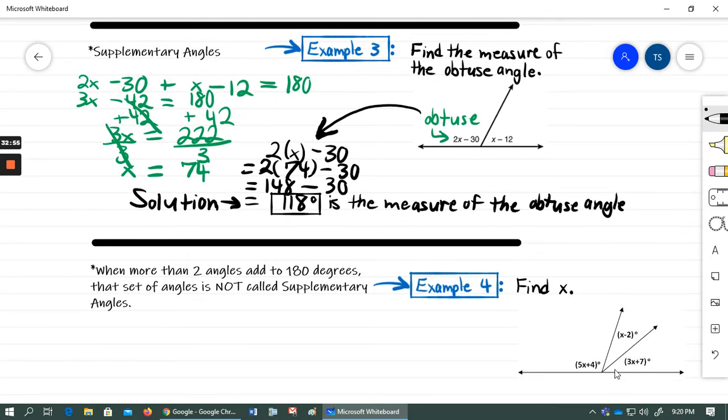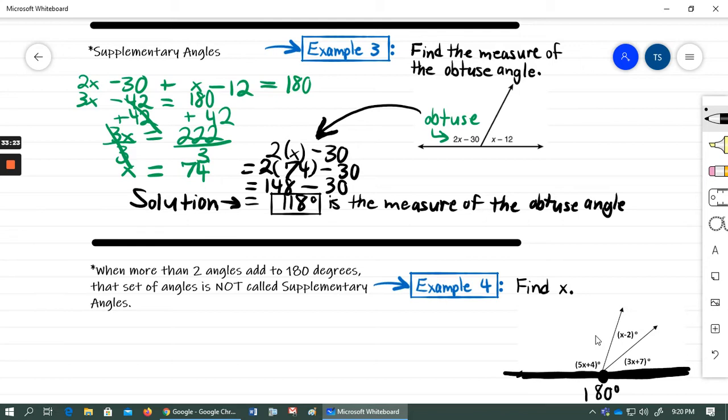Like with this example here, you see three angles that are adding to 180. And we know that they're adding to 180, guys, because they form a straight line. And we know that a straight angle is a total of 180 degrees.